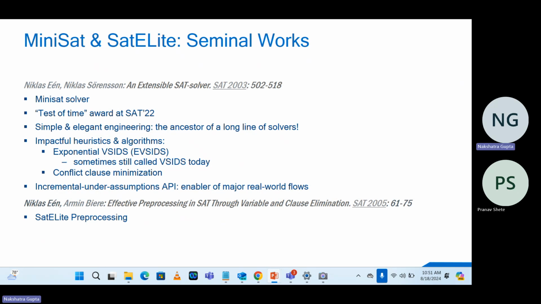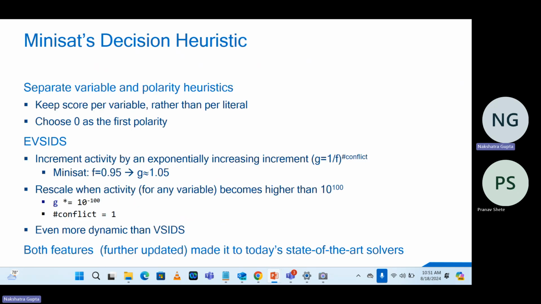pieces in real life. So let's talk about this heuristic now. So there are several innovations. First, there was this idea of separating variable and polarity heuristic. So in the initial problems, the score was associated with literals, and in Minisat, the score was associated with variables.